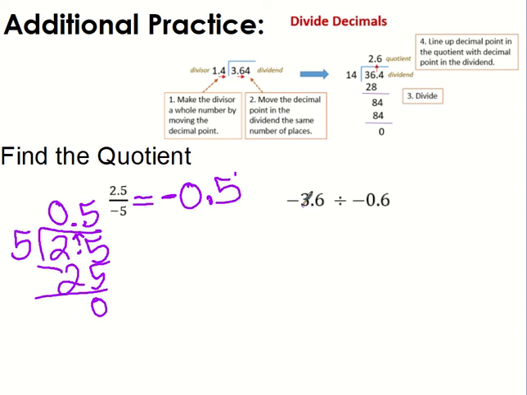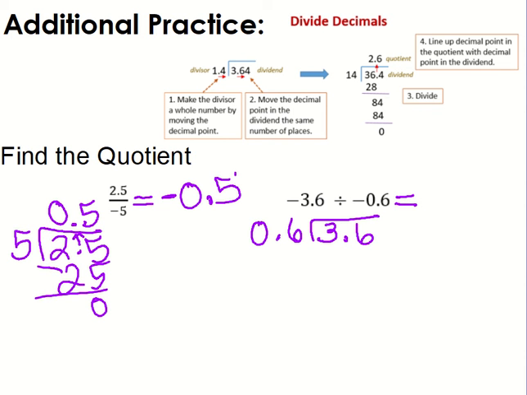So our second problem, we've got -3 and 6/10 being divided by -6/10. Just like our integer rules, since they are the same sign, our answer is going to be positive. So once I've figured that out, I don't have to worry about those negatives anymore. So I'm going to go 6/10 into 3 and 6/10.